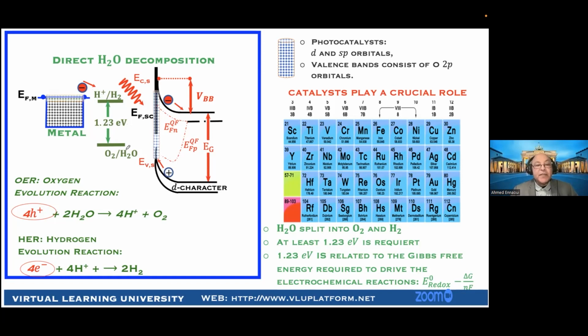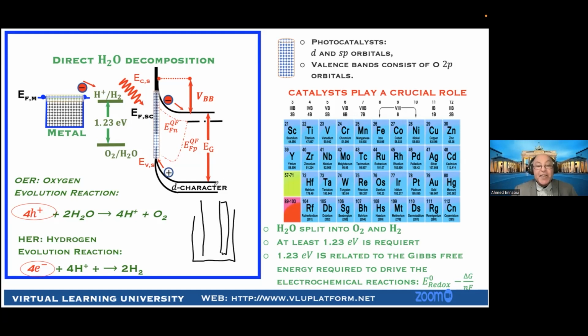This we explained many times, and I show you here an electrolyzer or an electrochemical cell with 2 electrodes. One is the semiconductor on the right, and the other one is the metal on the left.